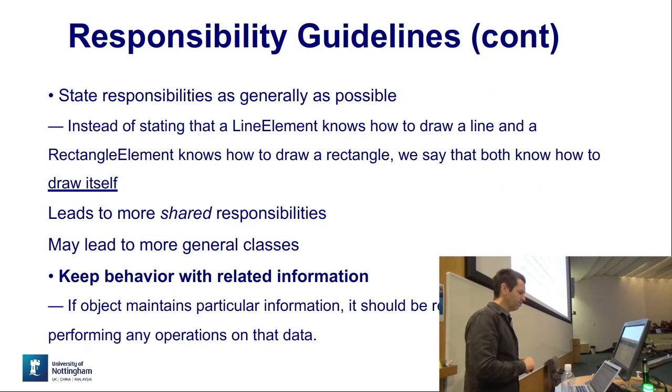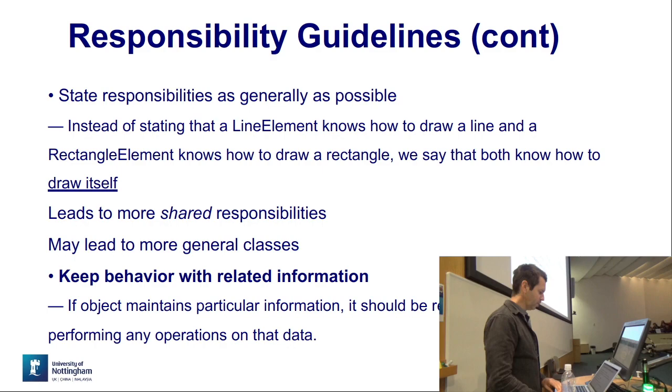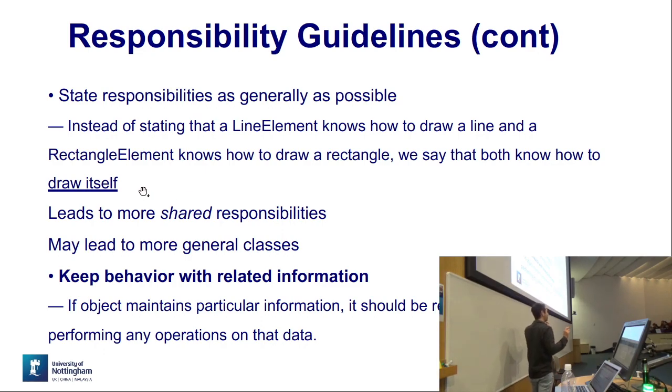So, some responsibility guidelines: state responsibilities as generally as possible. So instead of stating that a line element knows how to draw a line and a rectangle element knows how to draw a rectangle, we say that both know how to draw themselves. Again, this is that drawing editor example.